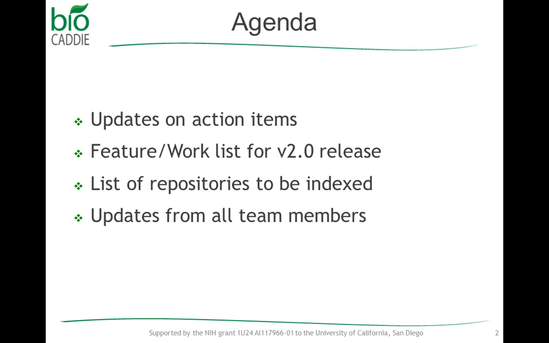What we want to do is to go over this list and prioritize and decide which of them we want to get done before the release of version 2. So basically our target features for version 2.